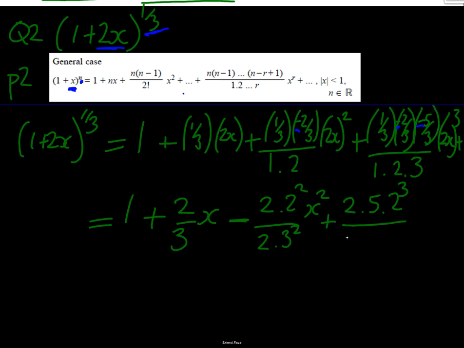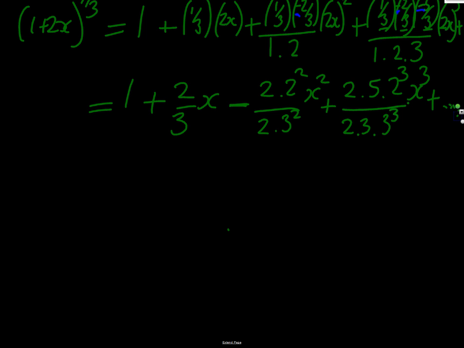On the denominator from the factorial, we've got a 2 times 3, and from inside the fractions here, I've got 3 cubed. And there's my x to the power 3. That's my coefficient for that. And I'm not interested in the other terms, so I'm just going to concentrate on those.